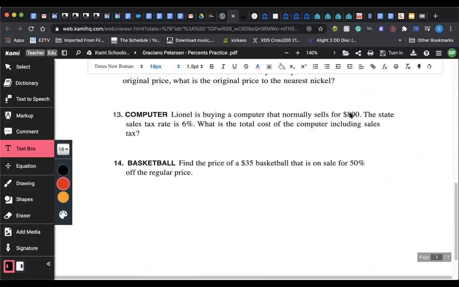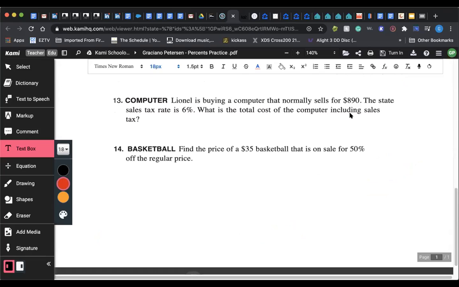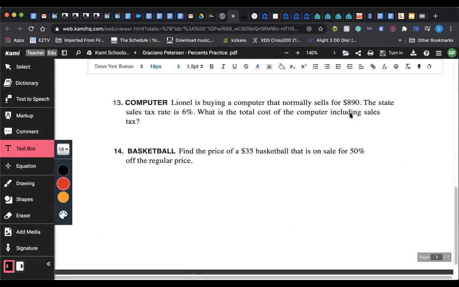All right, last one, number 14, and then we're going to move on to this proportions activity. So find the price of a $35 basketball that is on sale for 50% off of the regular price. So how would we solve that? What's the traditional way to solve that?